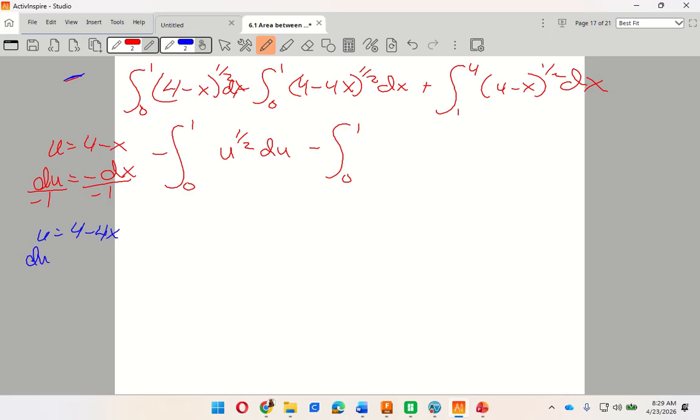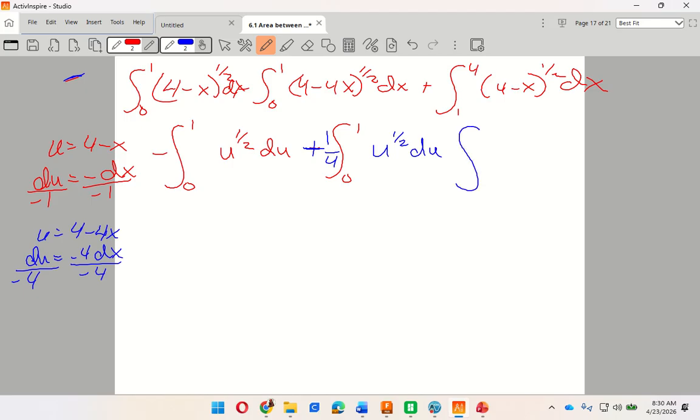So du is equal to negative 4 dx divided by negative 4. So this is going to give me a negative, which turns this to a positive 1/4. And that's going to be now u to 1/2 du.